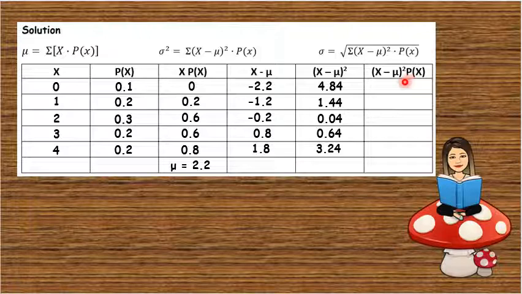And then, the last column, eto na yung kabuuan niya. Quantity x minus mu squared, times p of x. Ang p of x natin ay ito. Okay?